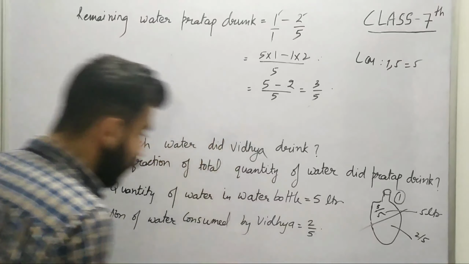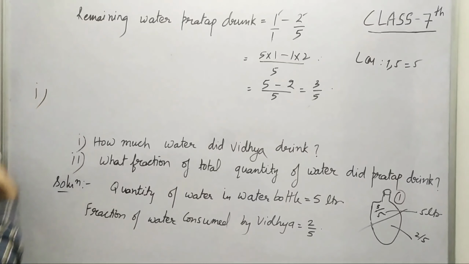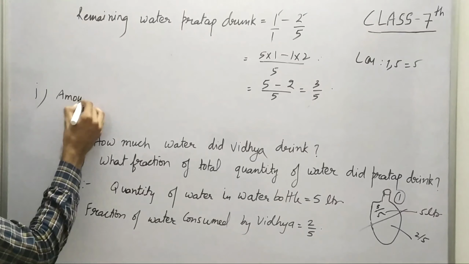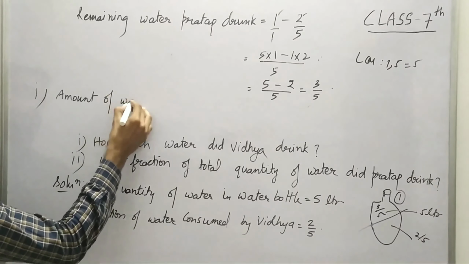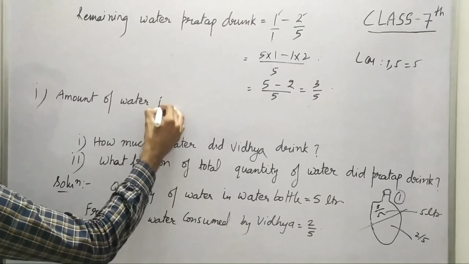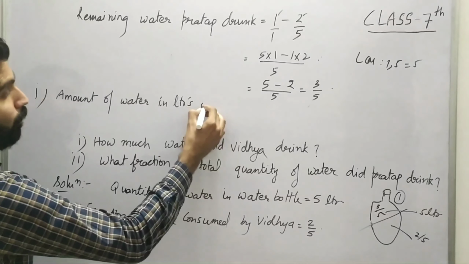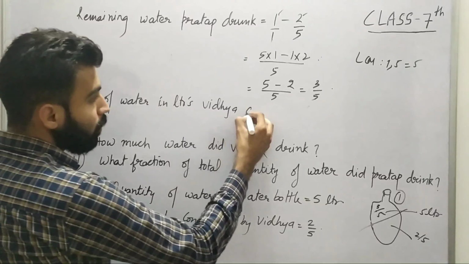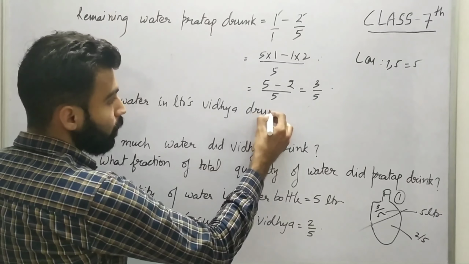So we are going to find out the answer to the first part. Let me just write here. So amount of water in liters Vidya drank, right? So Vidya drank.